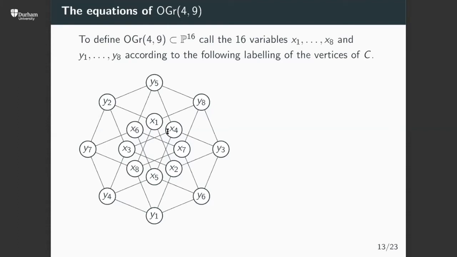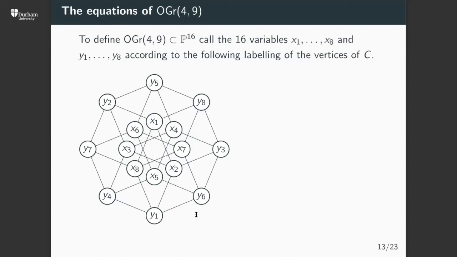And so in order to define this orthogonal Grassmannian, this homogeneous space, for every coordinate, every vertex of this cube, I need to introduce a new variable. And so I'm going to label all of the variables x1 up to x8 and y1 up to y8 according to the vertices that I have in this cube in the given way.